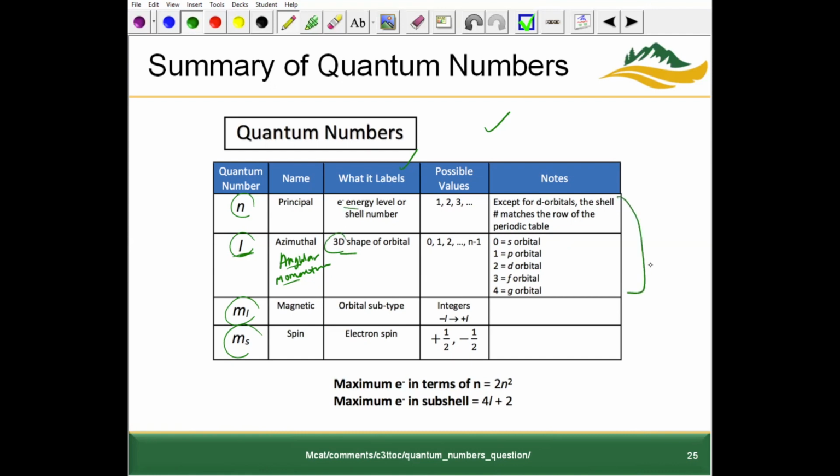Remember, N and L together describe the energy of an electron. To determine the maximum electrons in terms of N, we could use this formula of 2n squared. The maximum electrons in one subshell could be described as 4L plus 2.